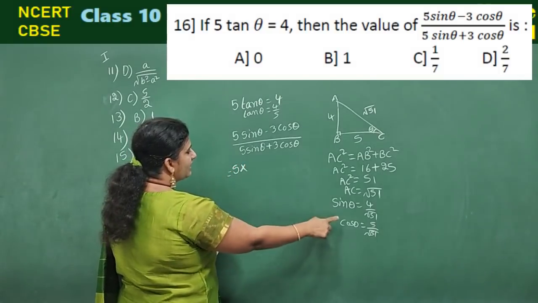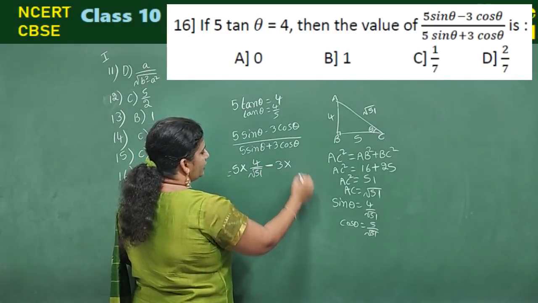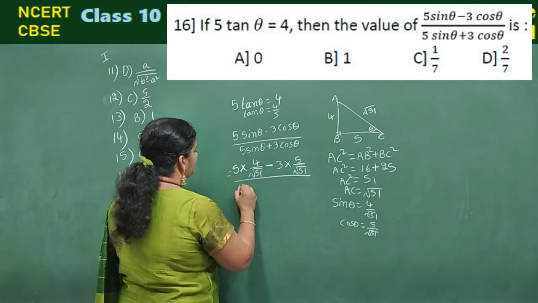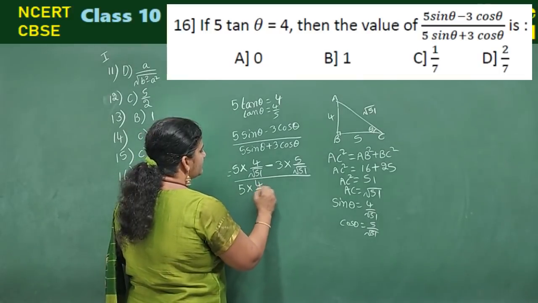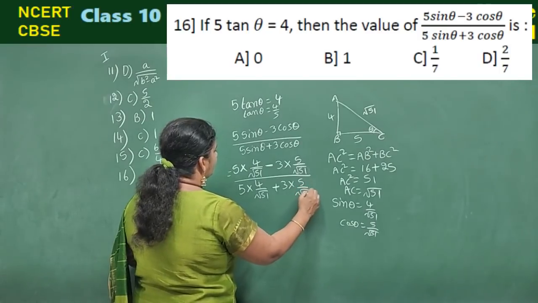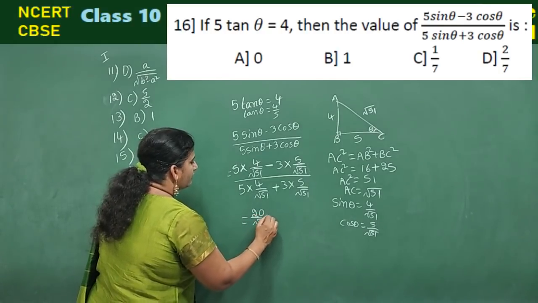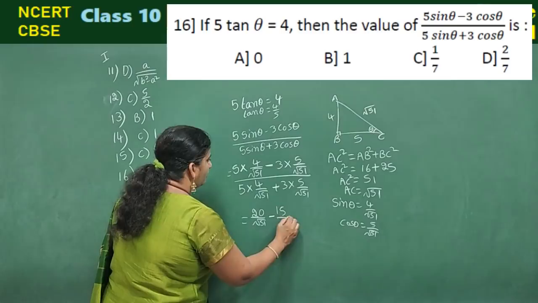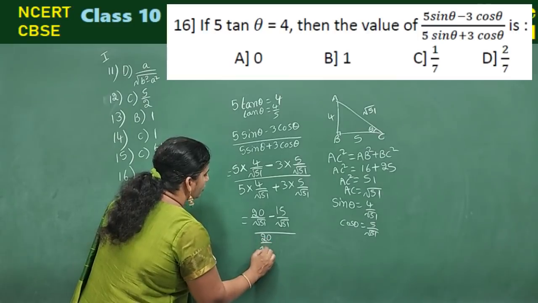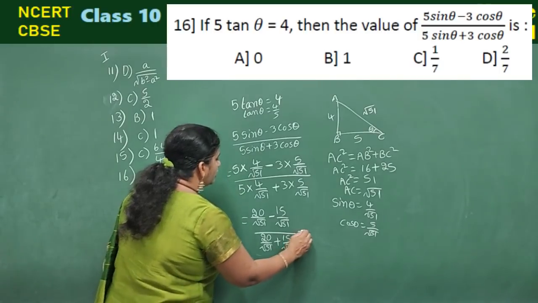5 into sin theta value, which is 4 by square root of 41, minus 3 into cos theta value, which is 5 by square root of 41, whole divided by 5 into sin theta value 4 by square root of 41 plus 3 into cos theta 5 by square root of 41. 5 4s are 20 by square root of 41 minus 5 3s are 15 by square root of 41, whole divided by, in the same manner, 20 by square root of 41 plus 15 by square root of 41. Do the LCM.